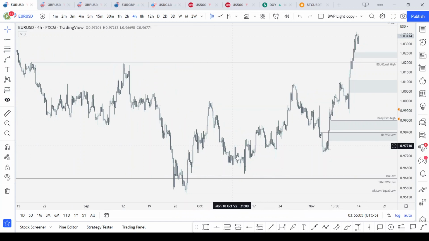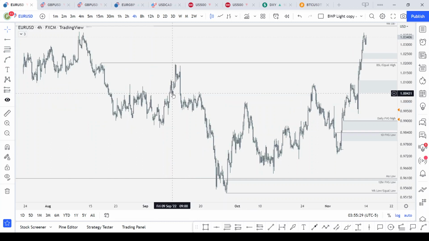So this is the example we looked at. This is another example. This is another example. See, price basically moves from market maker buy model to market maker sell model to market maker buy model. It repeats like that. And sometimes you can have a sell model inside another buy model. You can have a buy model inside another sell model.